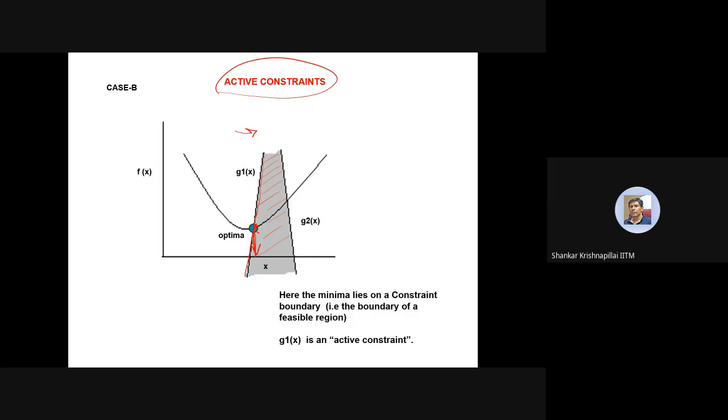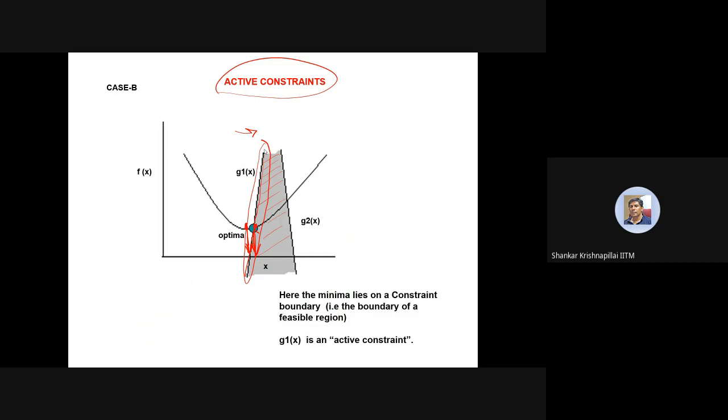For the unconstrained problem, this is the minima, and for the constrained problem, it is the green dot, which is at a slightly higher level than the unconstrained problem. So in this case, G1x is called an active constraint because the minima occurs on the boundary of G1x.